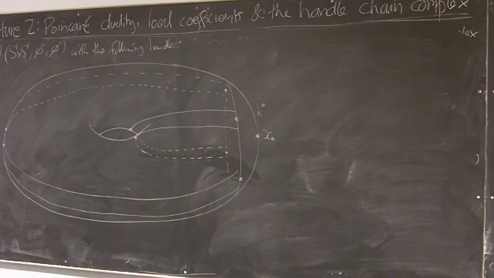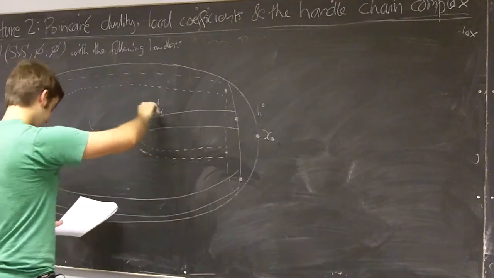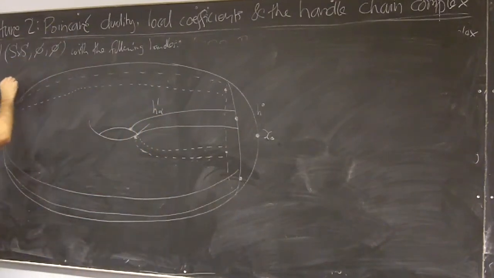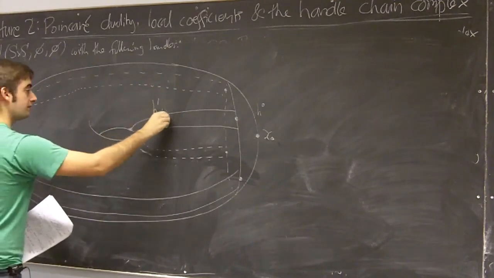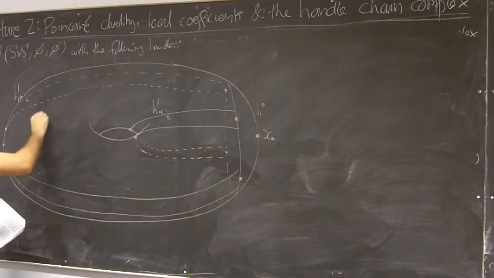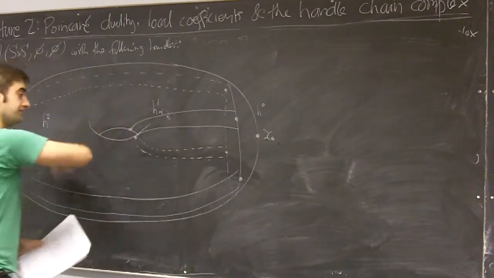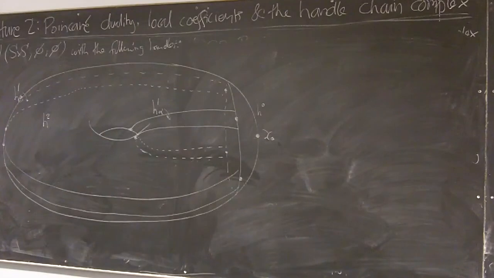And then finally we attach, I should have said this is going to be called H1 alpha, and this one is going to be H1 beta. And finally we attach a 2 handle, which is the rest of the torus. I'm just calling that H2, and that's attached along all these lines on the 1 handles.